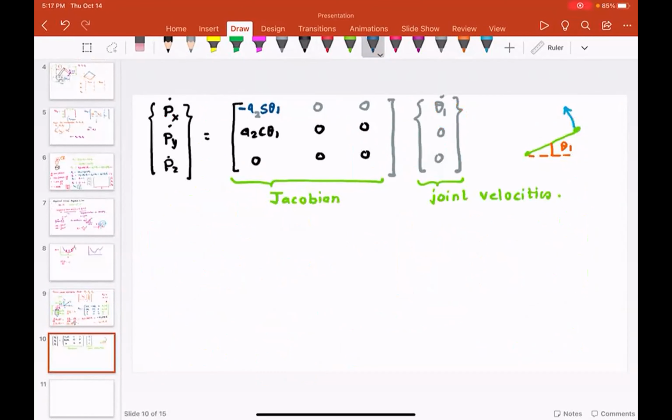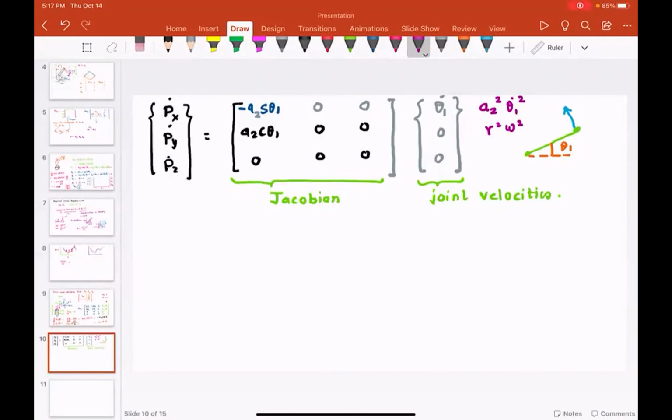If you were to square these and add, for reference, you would observe the total velocity is going to be A2 square theta 1 dot square, which is the same equation as R square omega square.